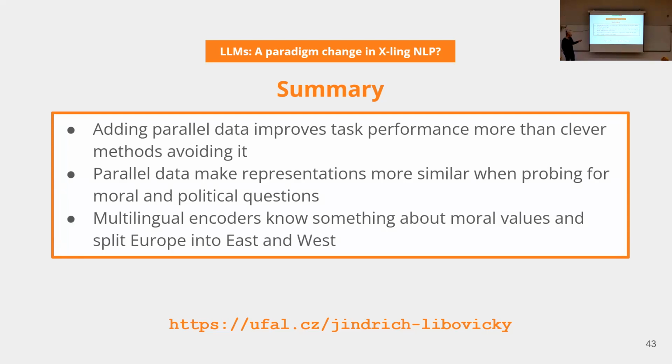And we show that multilingual encoders know something about moral values and how Europe was split into Eastern and Western Europe. But we found no evidence of transferring of stereotypes from one language to another language or something like that. So that's it.